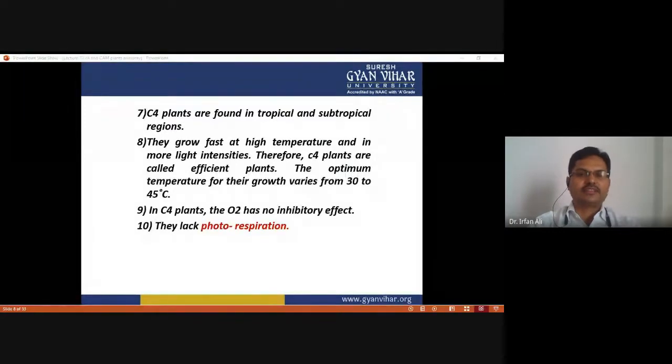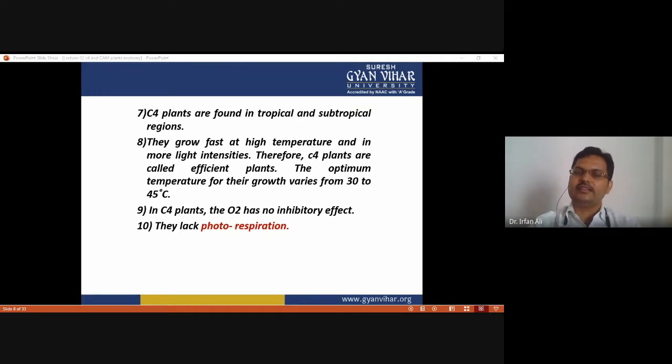Now, another point: C4 plants are found in the tropical and subtropical regions. They grow fast at high temperature and in more light intensity as compared to C3 plants.